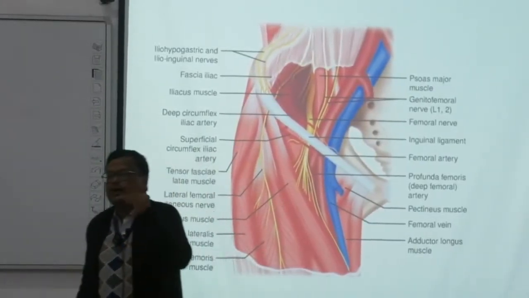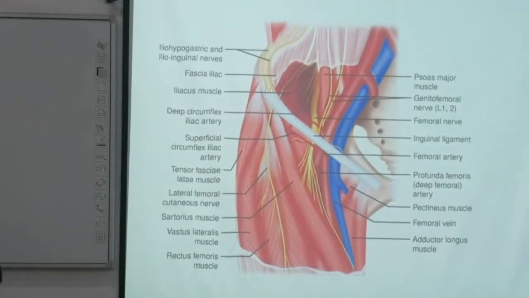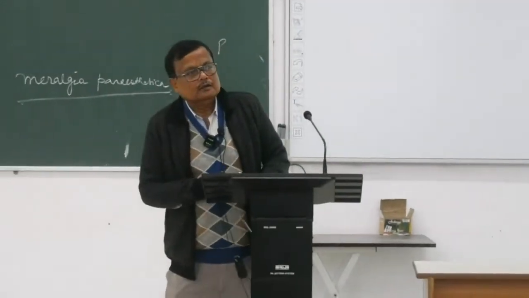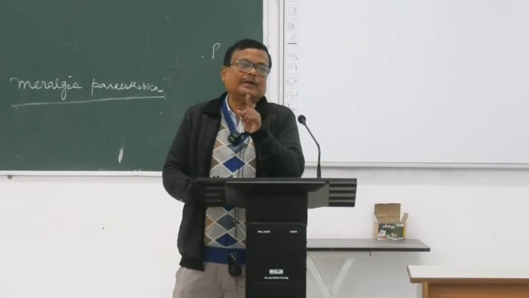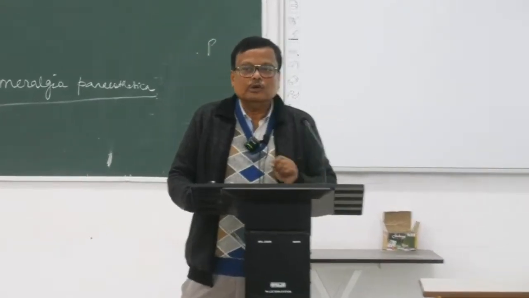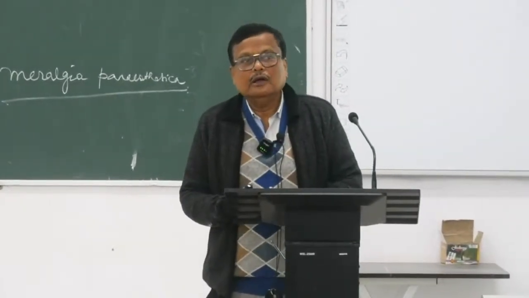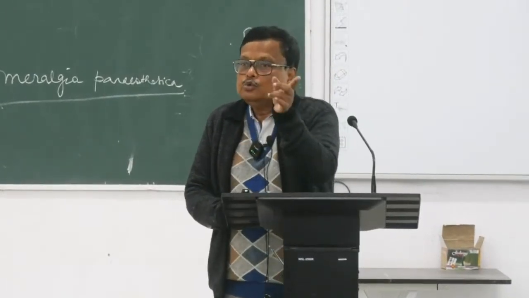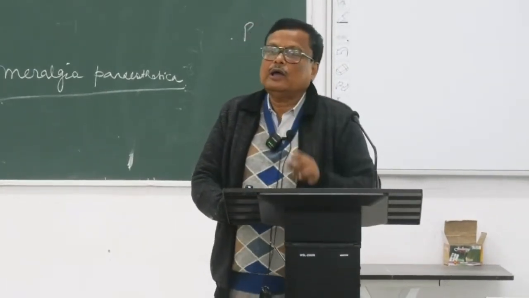Before it divides into anterior division and posterior division, it gives small branches which supply the iliacus muscle and the pectineus muscle. আমরা পরে আসবো. Pectineus is a hybrid muscle. Hybrid muscle কী? If a muscle is supplied by two nerves, we call it a hybrid muscle.